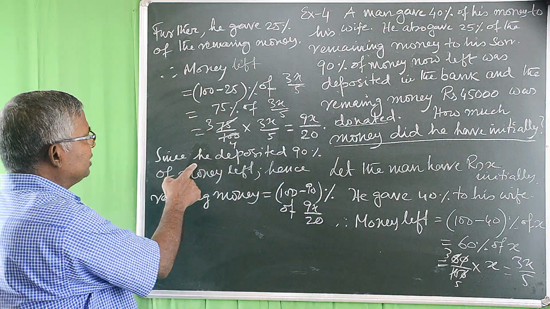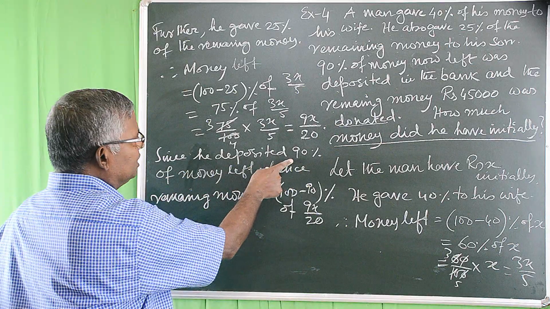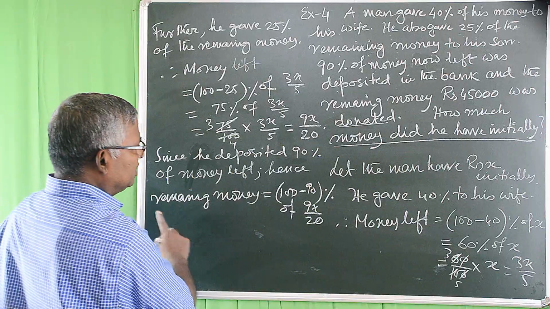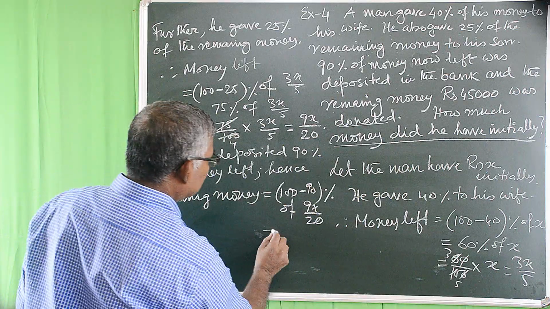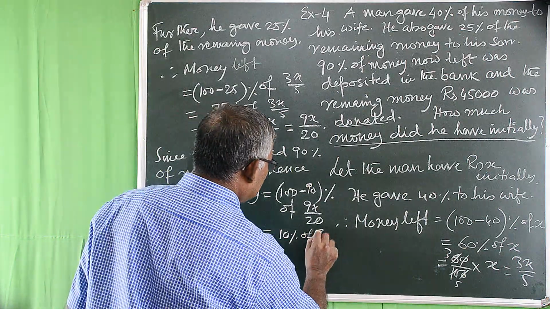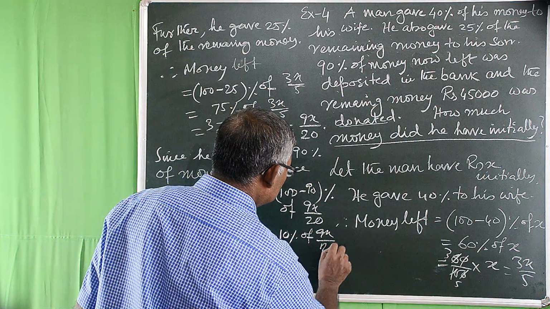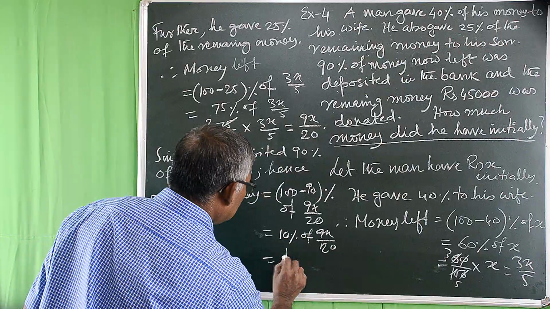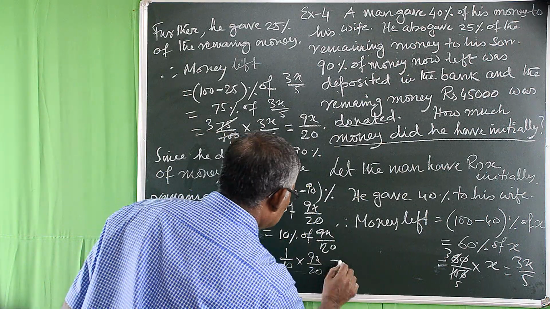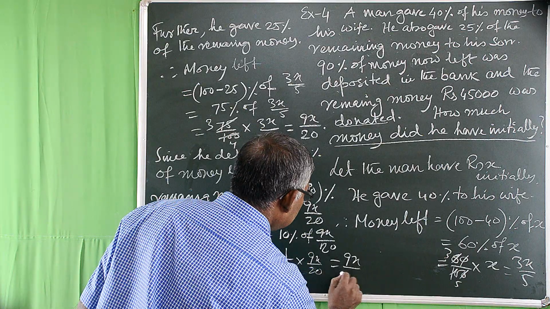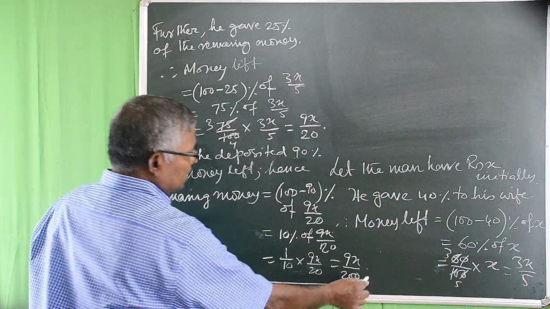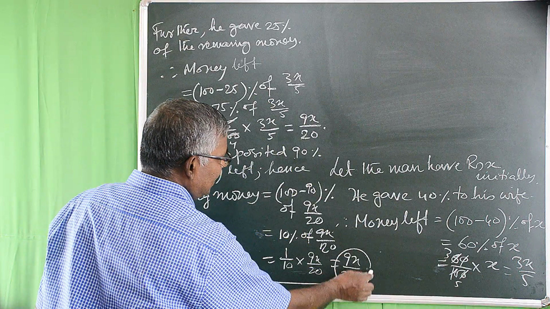The person deposited 90% of the remaining money, hence money left equals 10% of 9x by 20 equals 1 by 10 into 9x by 20 equals 9x by 200. According to the question, he has donated 9x by 200.